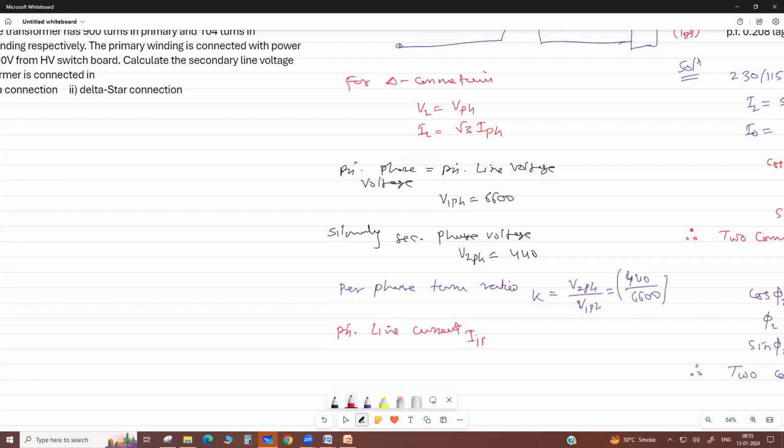I1 line is 100 ampere. Therefore, phase current I1 phase equals I1 line by root 3 for delta. That is 100 by root 3. That comes to 57.74.